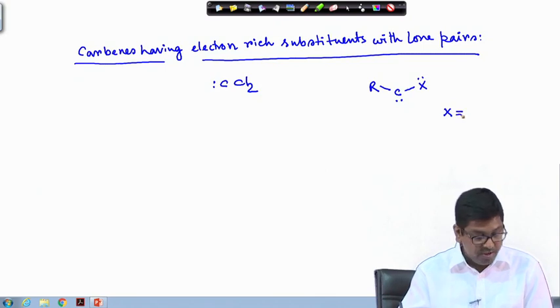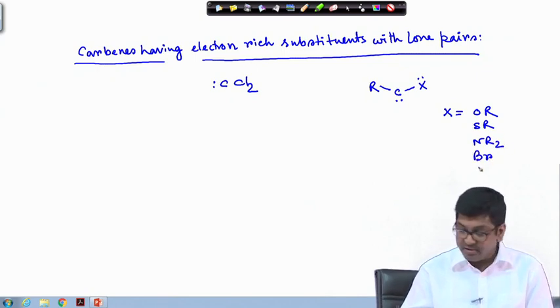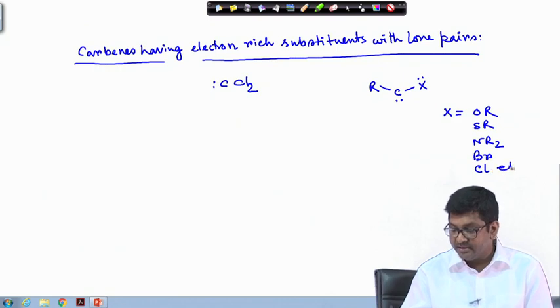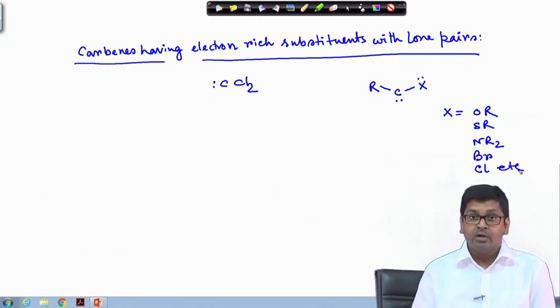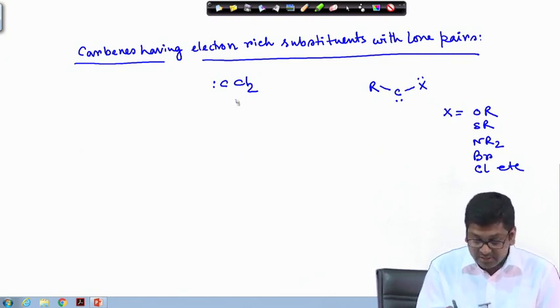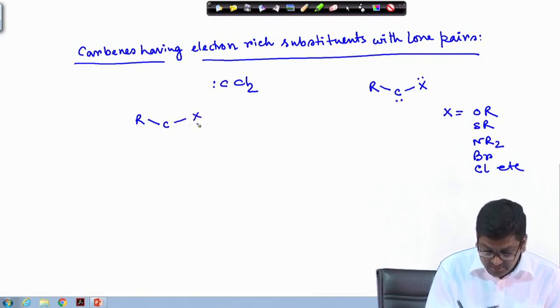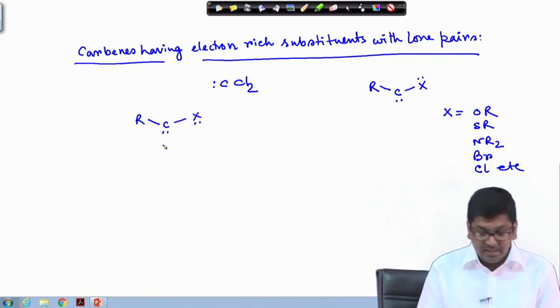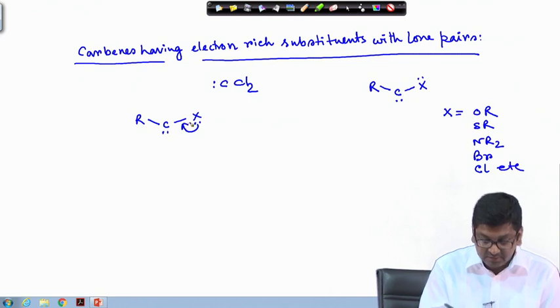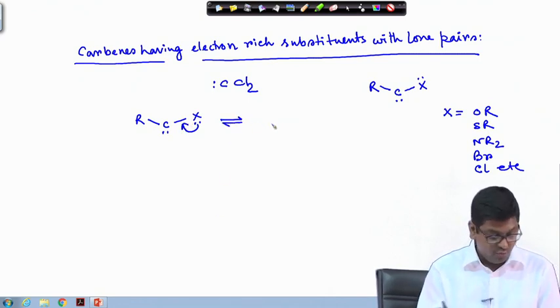This X could be OR, SR, NR2, Br, Cl, etc. So, now we have all those things. If this is the case, then this carbene can be stabilized by the adjacent lone pair.